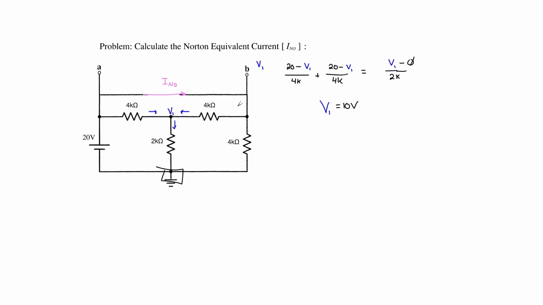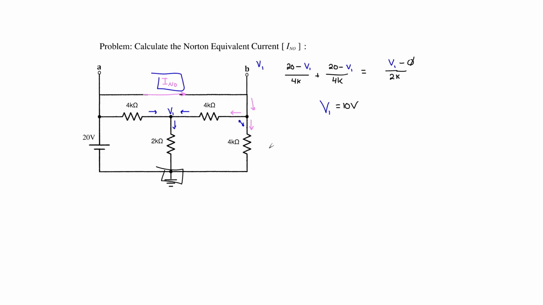Moving forward with the problem, in order to solve for our equivalent current, we need to identify the total flowing currents of our node at terminal B, as these two will be equal to our I_N.